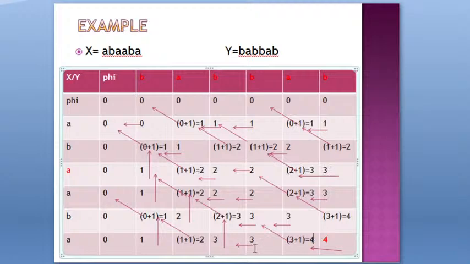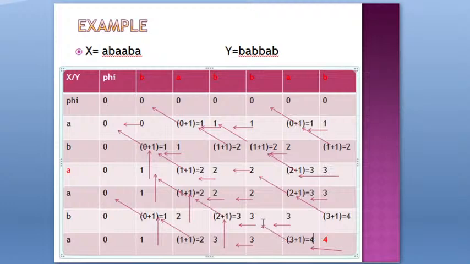What I said is I will start from the last value, 4, then I'll check the directions. Now the direction is on the left-hand side, so I'll take 4 over here. From this cell I check whether my arrow points to the diagonal element.